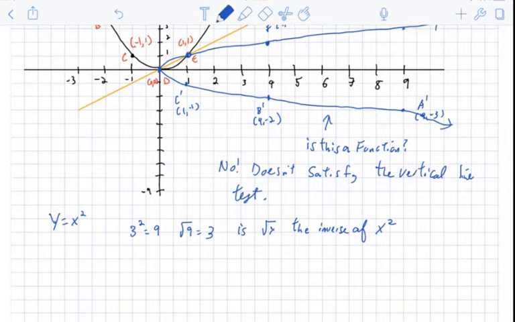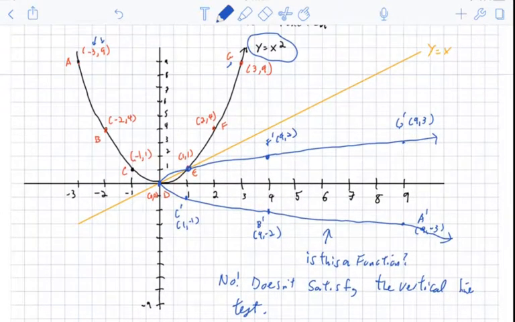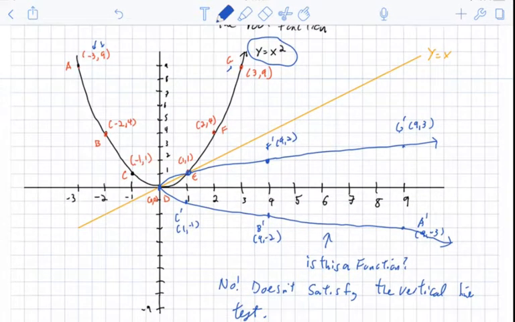The short answer is kind of. The way it goes is this. We know that this particular line doesn't satisfy the vertical line test. So this function here, it's not one-to-one.